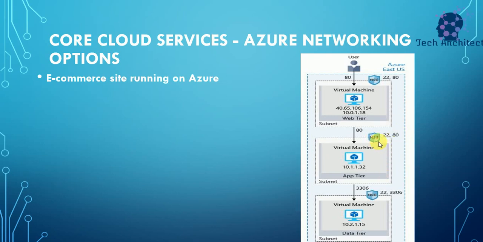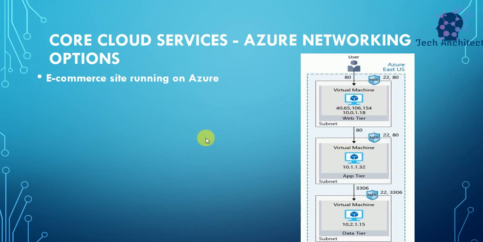Here is the NSG, network security group. We will look into this in the next slides. This is basically a security feature. The firewall, port 80 and 22, is opened in all three tiers, and the rest of the ports are blocked. The user is entering from port 80, which is HTTP, and port 22 is for the terminal.